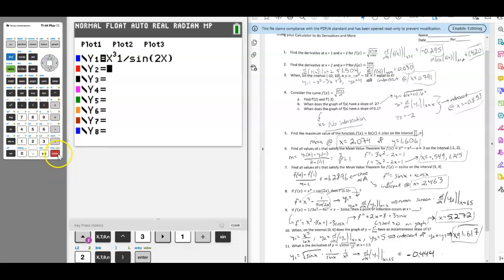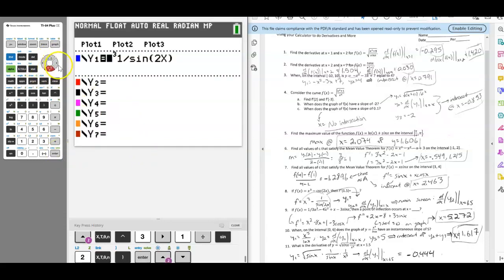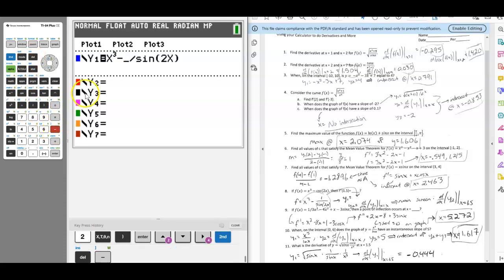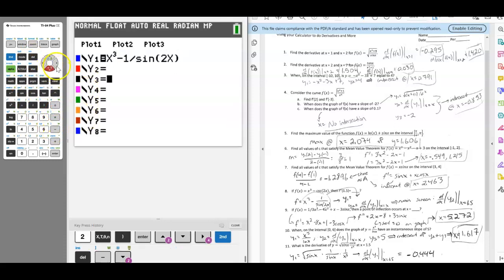Boom. Enter. Now, what did I just do there? I guess I said minus, but didn't type it. Second insert minus. There we go. Okay, all right, so that's my y1.